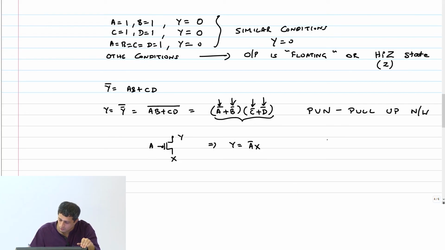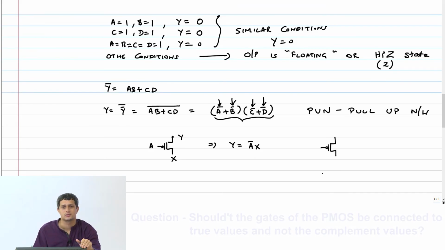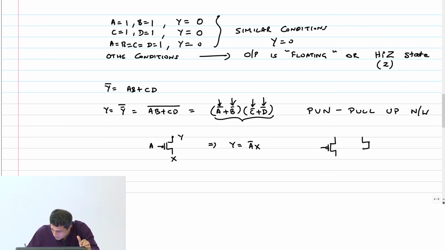So what you do for the pull-up network, I have two terms, A bar plus B bar using two PMOS transistors, and that will be a parallel combination. A bar plus B bar.